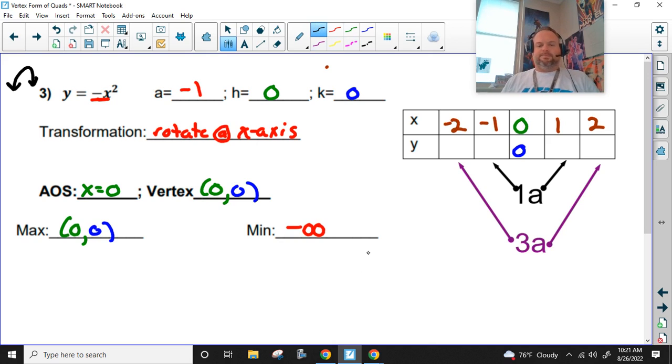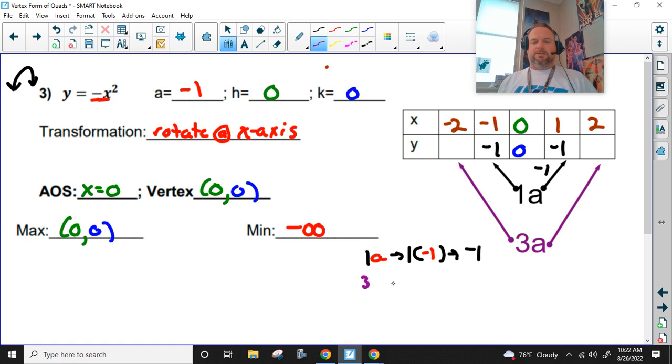So this time for our 1A, we're saying 1 times -1, which is -1. So what is 0 minus 1?